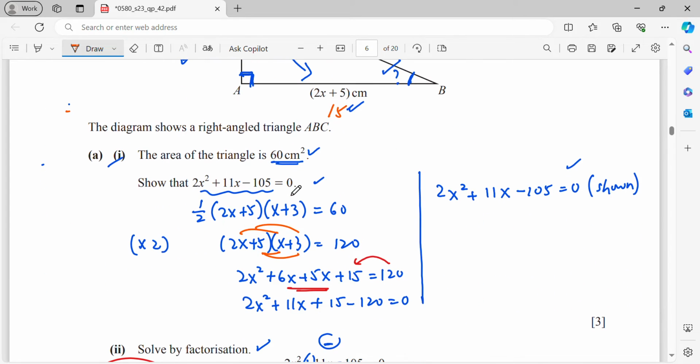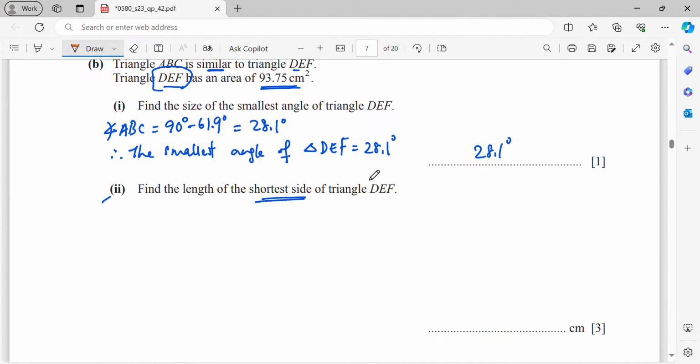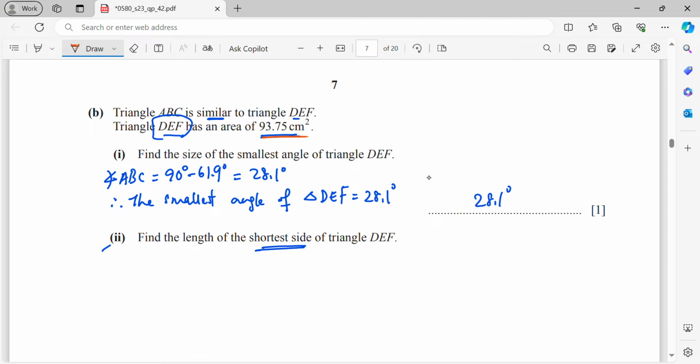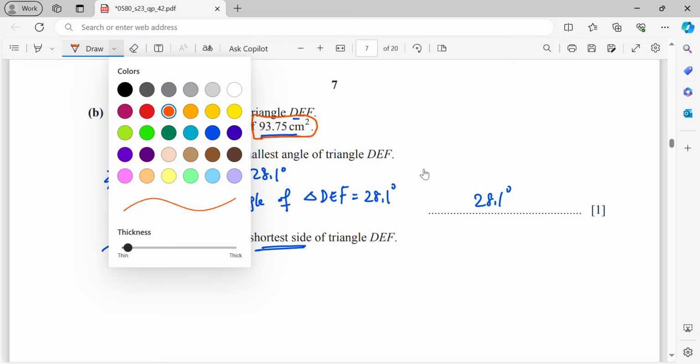Now I'm going to use this together with the given area to calculate the shortest side of triangle DEF.